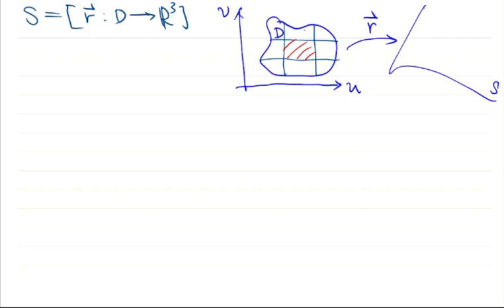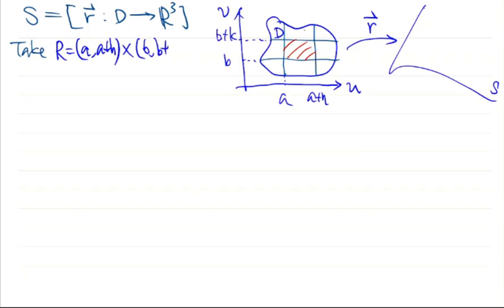This is A plus H, this is B plus K. So take a partition of D, and then take a small rectangle contained in D, denoted by R, with corners A, B and A plus H, B plus K, contained in D.